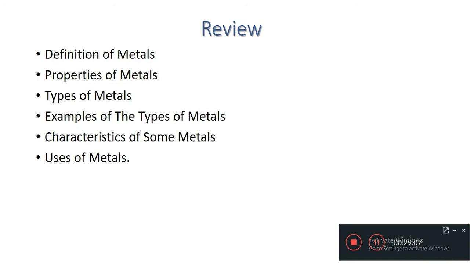Today we have looked at metals and we have looked at the objectives. So when we study metals, these are the objectives of the lessons we want to keep in mind. So, DHS students, please keep these objectives in mind, because these are areas that your typical exam questions are sure to come from.